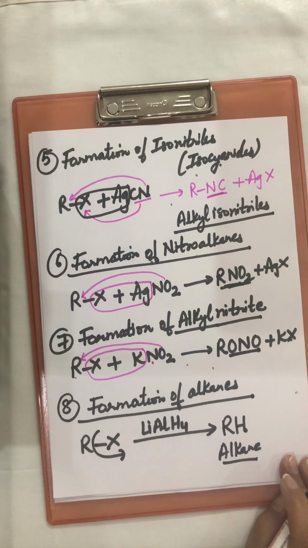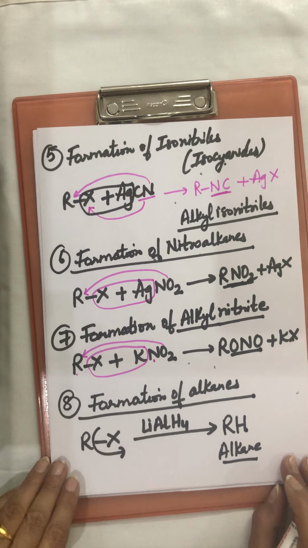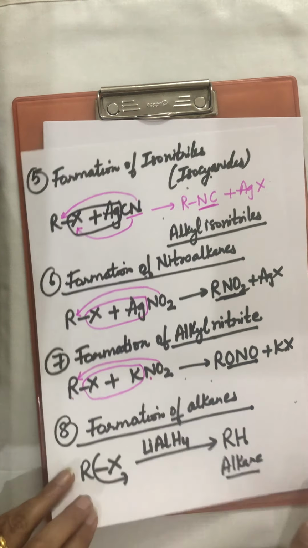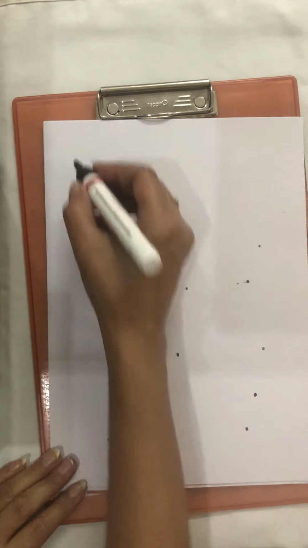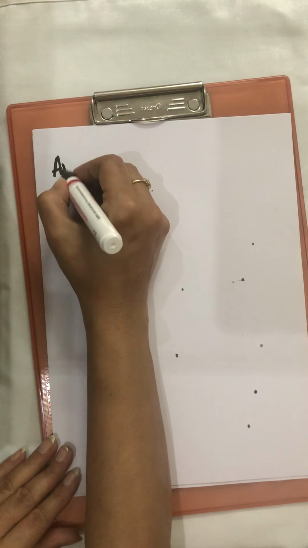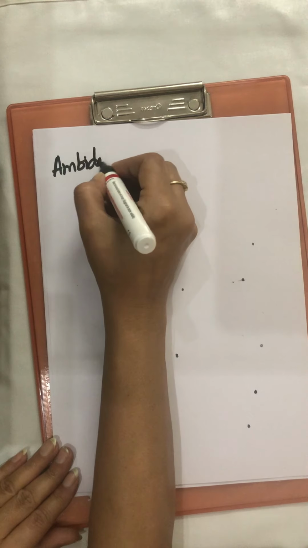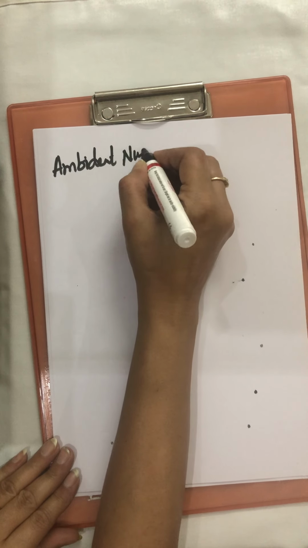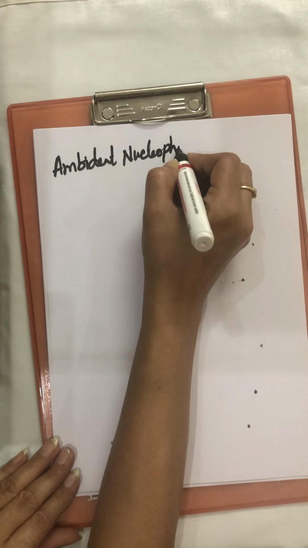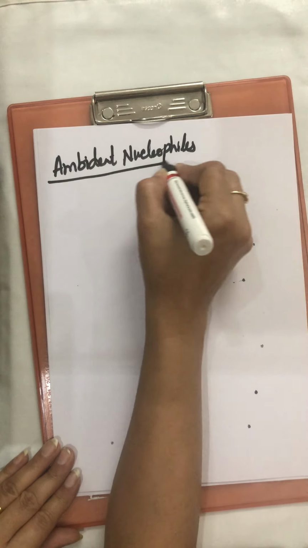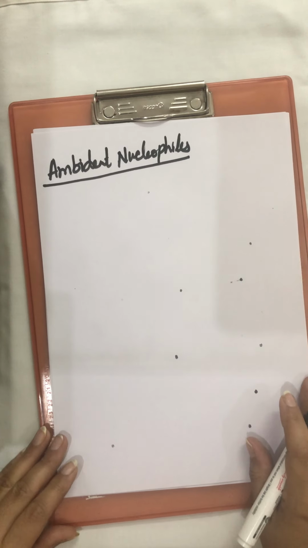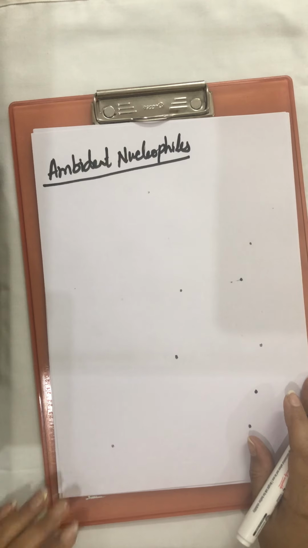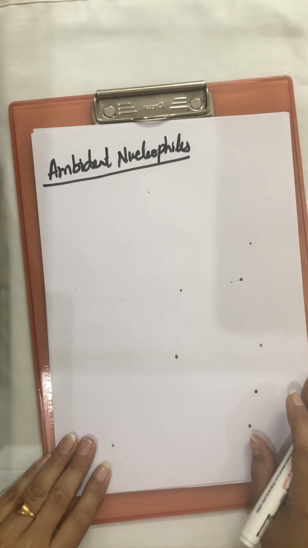After this we have a very small topic, ambident nucleophiles. What are ambident nucleophiles? Like just now we have done nitriles, isonitriles, nitro compounds, nitrite compounds.